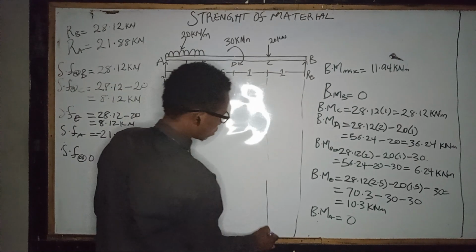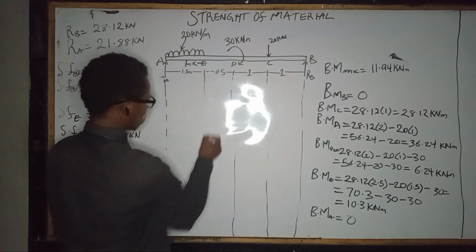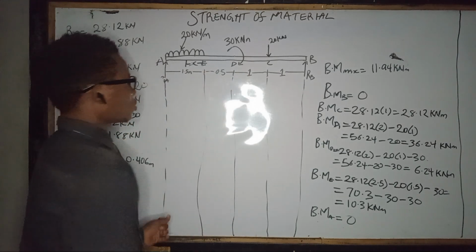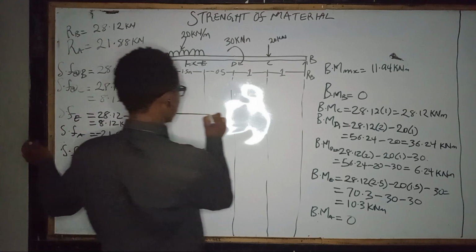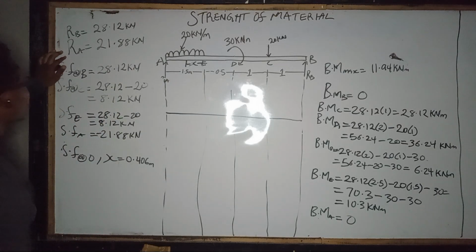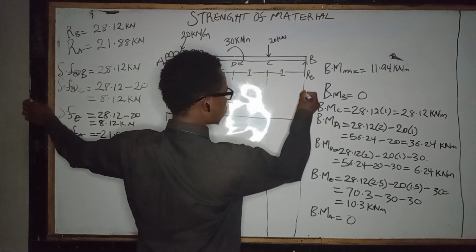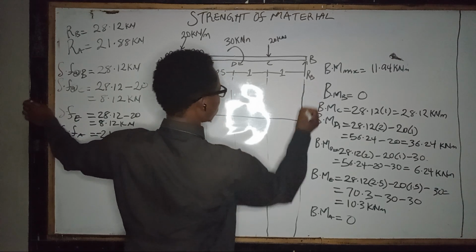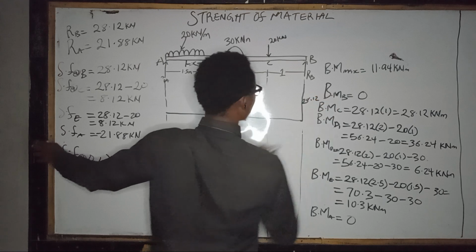We trace our line down. So now we start with our shearing force. We draw a neutral line straight here. Our shearing force at B is 28.12, so we take it up to 28.12 kilonewton.